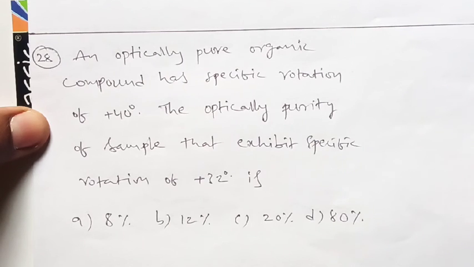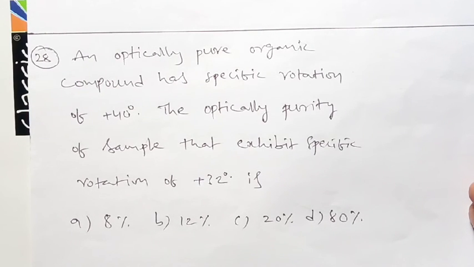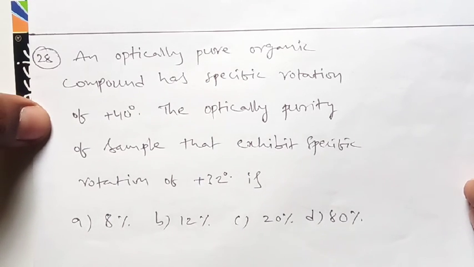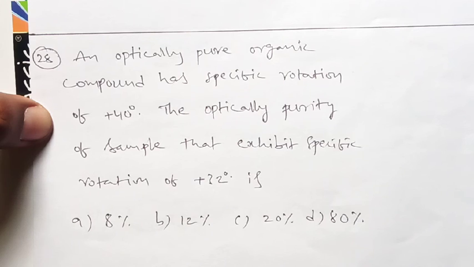This is an important model. From the NEET point of view they generally do not ask this type of question, but from the Mains point of view it is very important. Anyhow, it is a very simple important model. An optically pure organic compound has a specific rotation of plus 40 degrees.